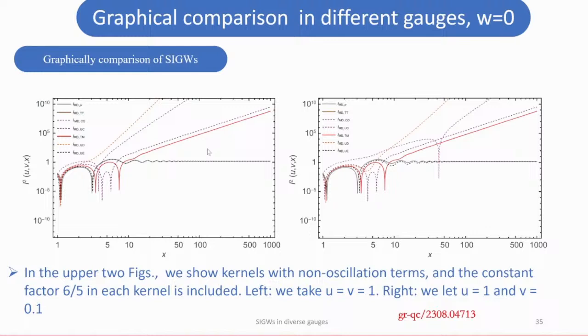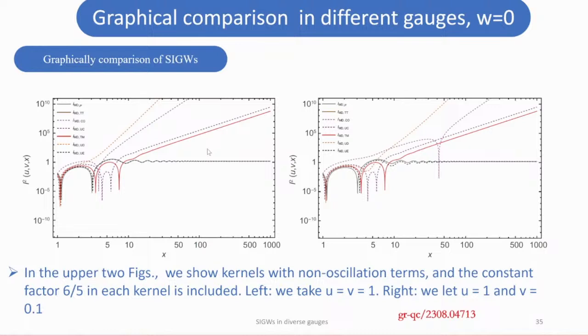for other gauges. Here, I just want to talk about the physical point of view when you talk about the graphical interpretation. Similarly, you can see the results are different in different gauges. That was the problem; first time we present the graphical comparison in this study.